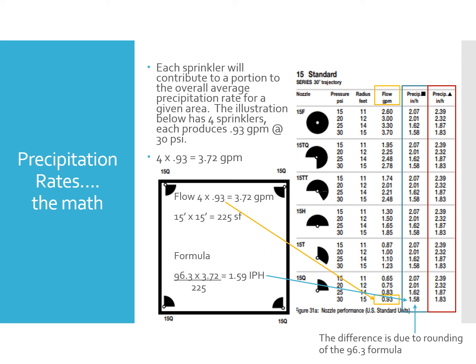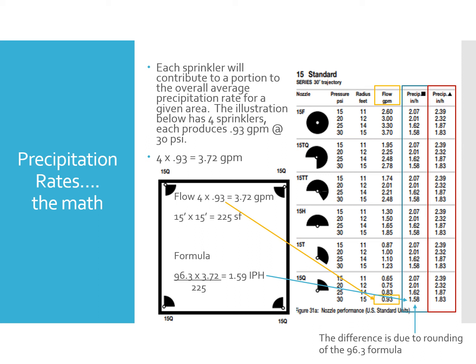This nozzle right here at its optimal pressure at 30 psi puts out 0.93 gallons per minute. So we've got to take the number of nozzles, which is 4, multiply it by its flow rate, which is 0.93, which equals 3.72 gallons per minute for the entire area.